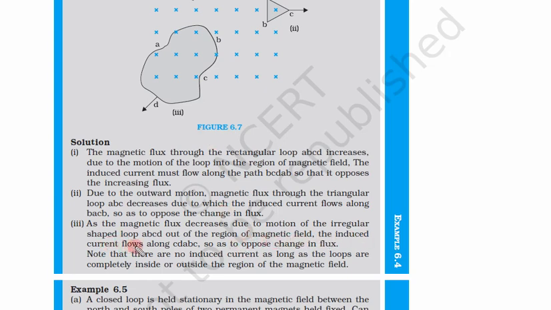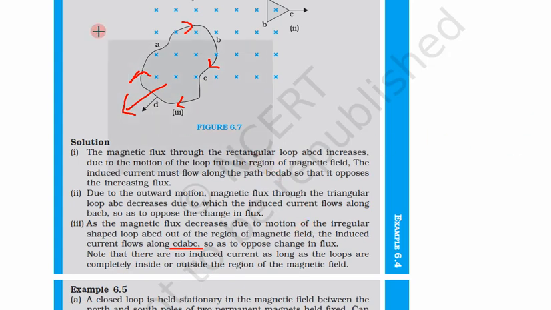The induced current flows along CDABC, that means again clockwise. The clockwise direction increases the magnetic field, because it is going out of the field, so the magnetic flux is decreasing.